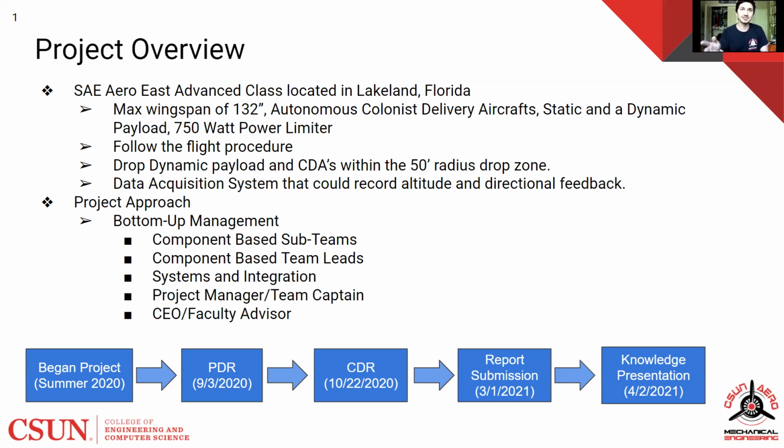Some of the design considerations were based around what optimal aspect ratio would give us more lift as opposed to generating less drag, while trying to stay within the size limit of our wingspan.